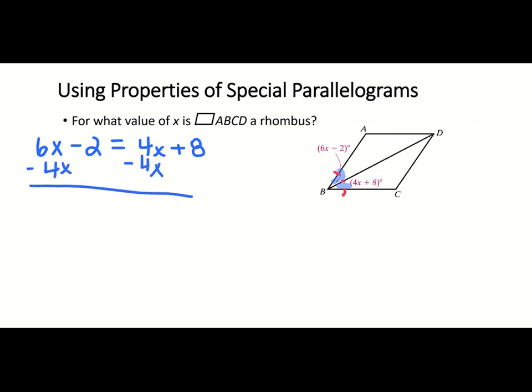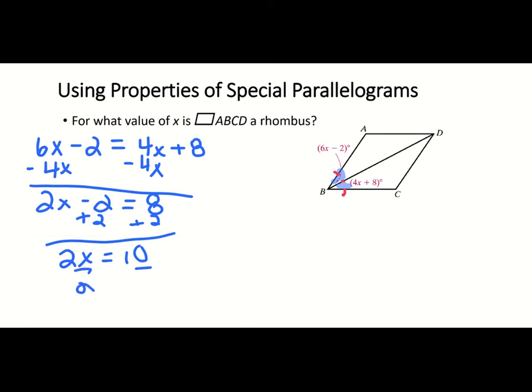It's going to give me 2x minus 2 is equal to 8. I will add 2 to both sides. So I get 2x equals 10. Divide by 2, and x is going to equal 5. And that is it for section 6-4.